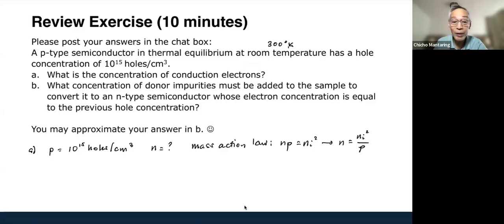Ni is 1.5 times 10 to the 10. So Ni squared is 2.25 times 10 to the 20. You divide this by P, which is given, 10 to the 15.